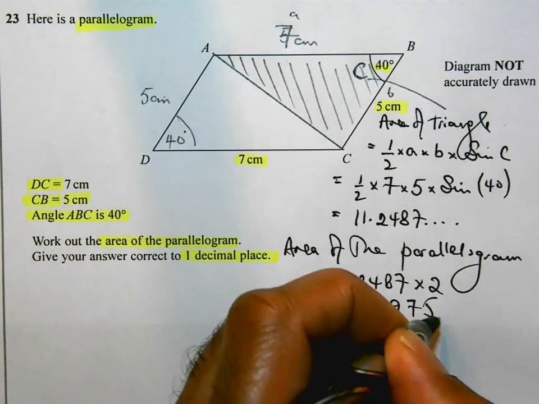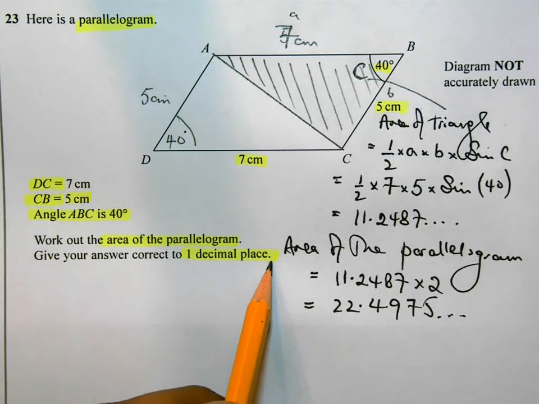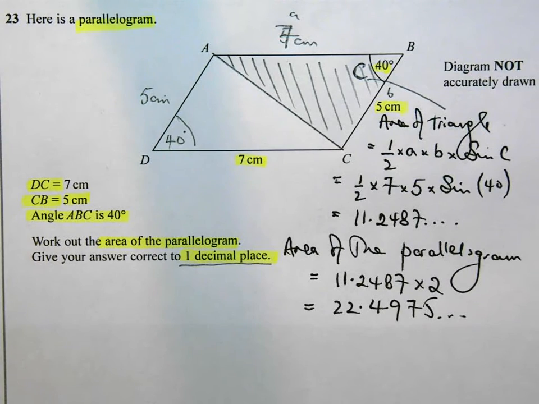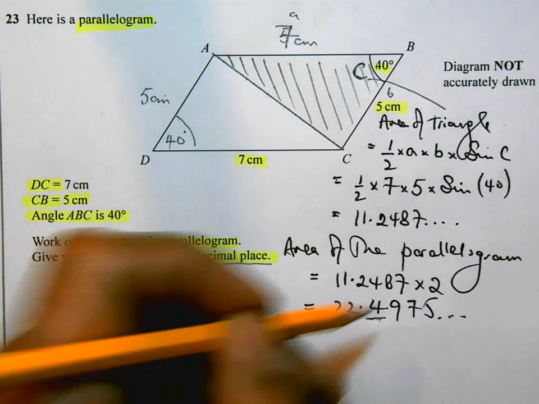And again, there's several other decimal places. However, remember, the last line of the question said, give your answer to one decimal place. There'll be a mark going for that. So I'm going to count one number after the decimal point. I'm going to chop it off there.